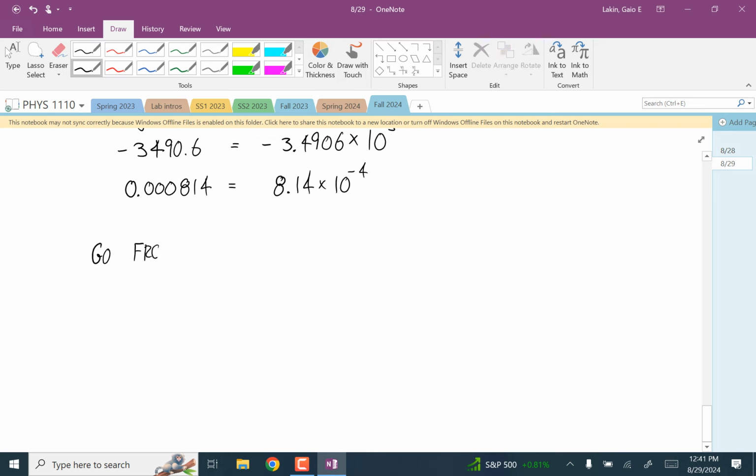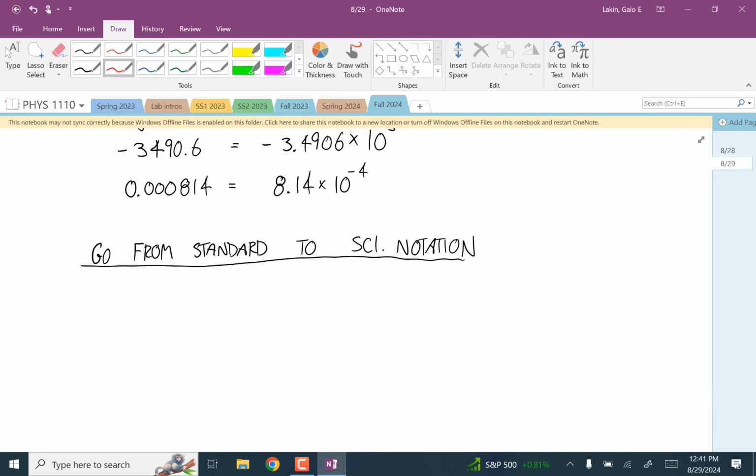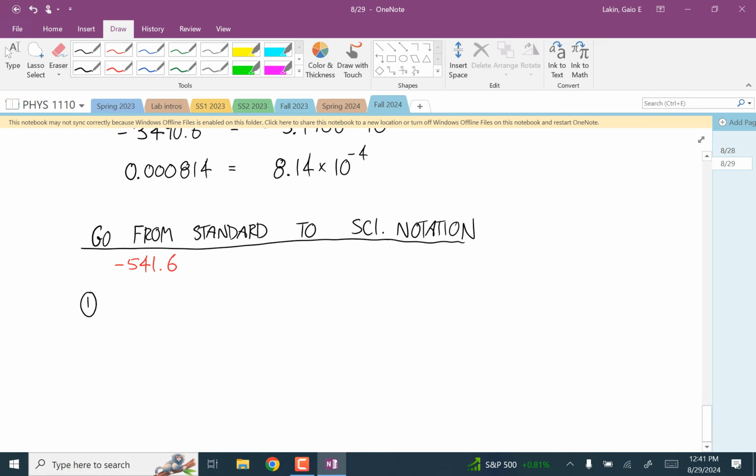So first, to go from standard notation to scientific notation. And as I do this, I'm going to follow along with an example, the number in red: negative 541.6. So the first step is count the number of places.